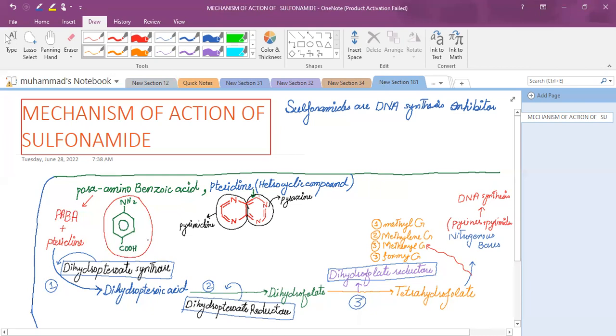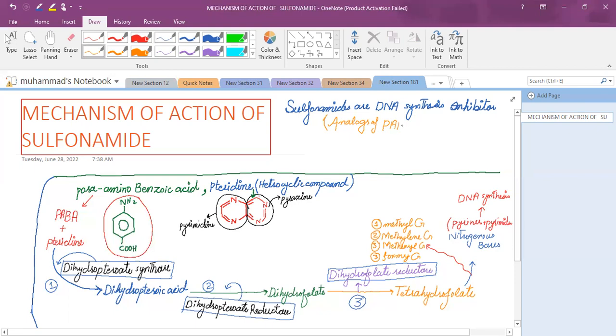Okay. Now, what basically are sulfonamides going to do? Sulfonamides are actually analogs of para-aminobenzoic acid, or PABA.